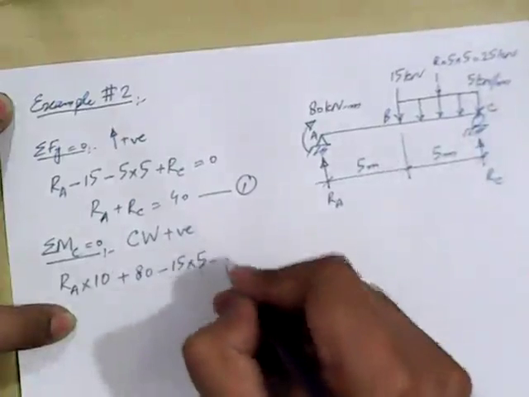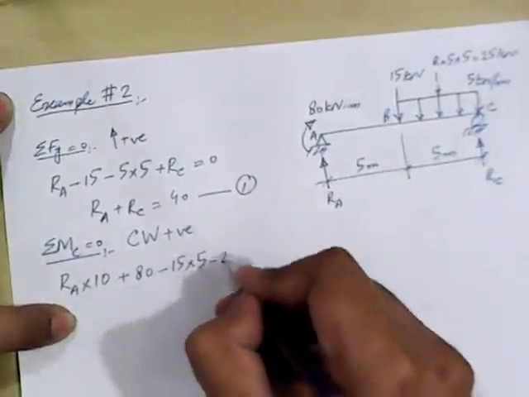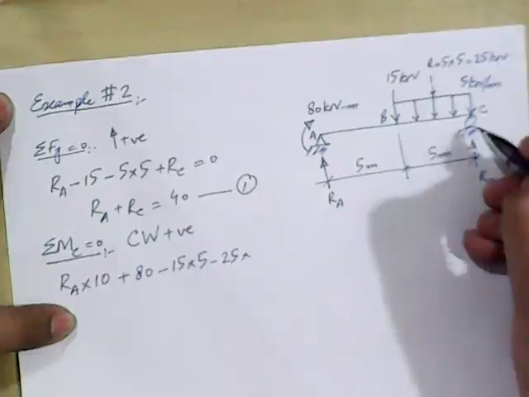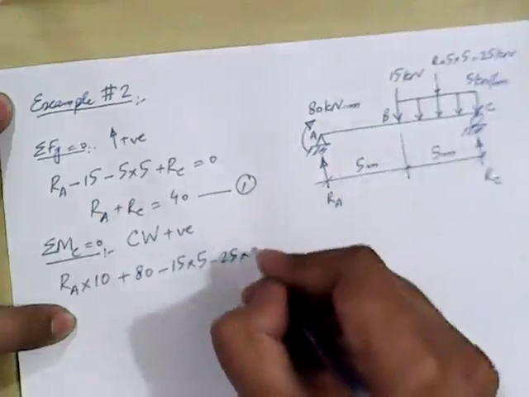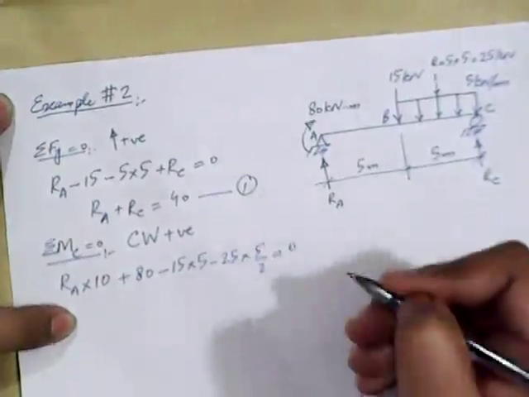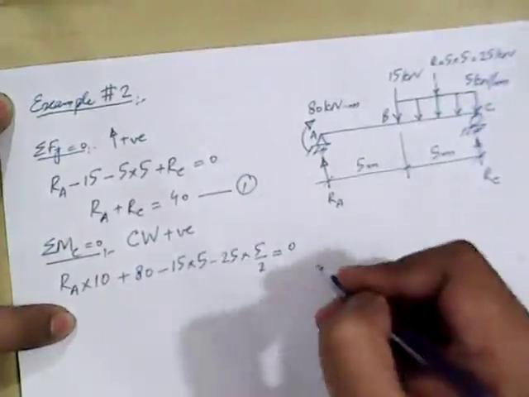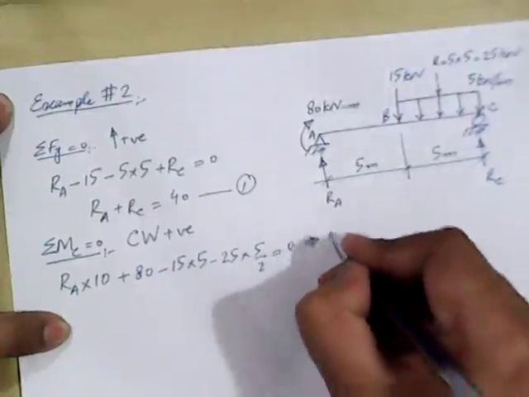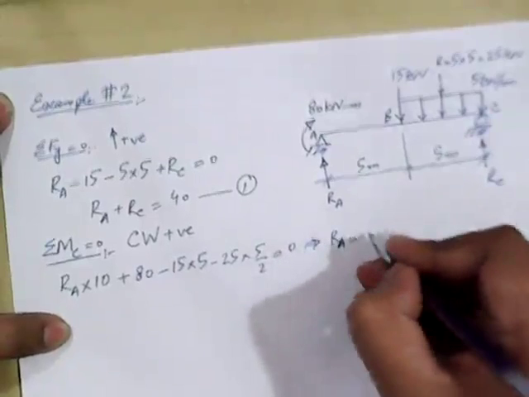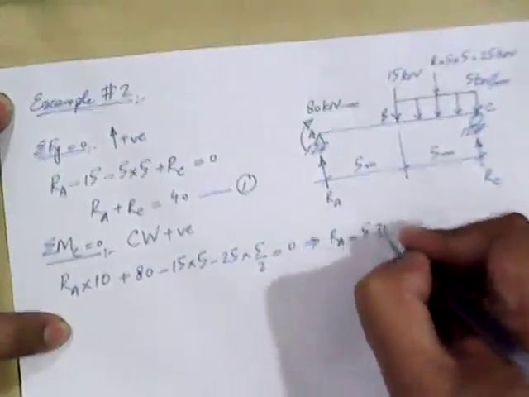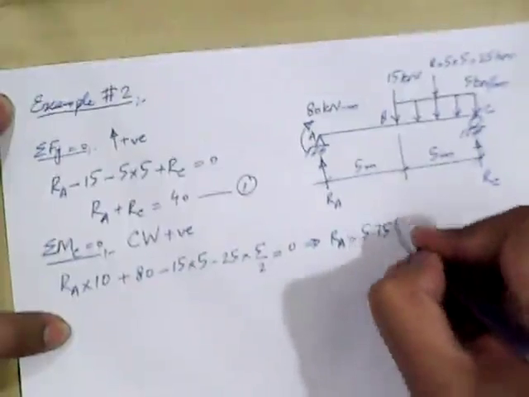So it's negative 15 into 5, and how much is the lever arm? The lever arm about point C is half of this, so 5 divided by 2, and this will be equal to 0. If we solve this equation, we get the value of RA, and that value will be 5.75 kilonewton. RA is equal to 5.75 kilonewton.